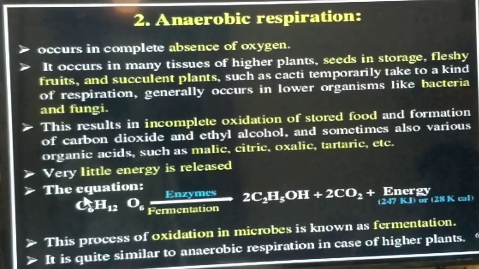The equation of anaerobic respiration can be summarized as C6H12O6, with the help of certain enzymes, is converted into C2H5OH, which is called ethyl alcohol, plus carbon dioxide, and energy is liberated.